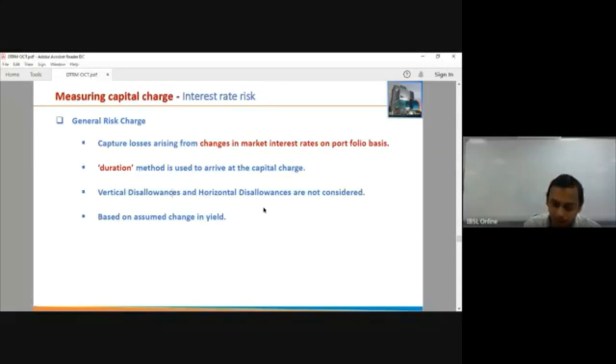If you went to the regulator, you got the permission of the regulator, and you did this manipulation, that is perfect. There's no harm, right? The only thing is you can't manipulate without the knowledge of the regulator. If you do that, then there is something wrong with your risk management department.